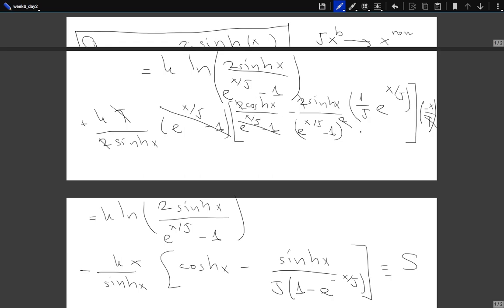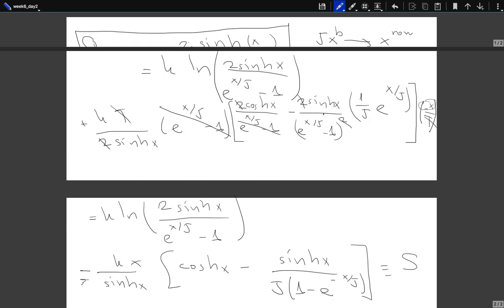No, you see, if you look over here, I cancel e to the power x over j minus 1 with this factor. Inside, what remains is cosine hyperbolic x with a plus sign. Yes, but there is this overall minus sign, which I move over here. Then the second term is sinh y. Because you changed the sign.